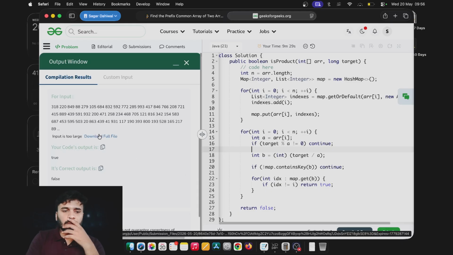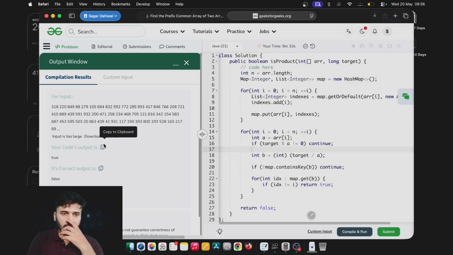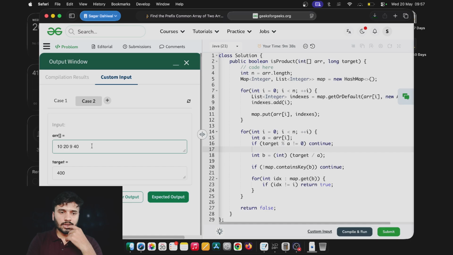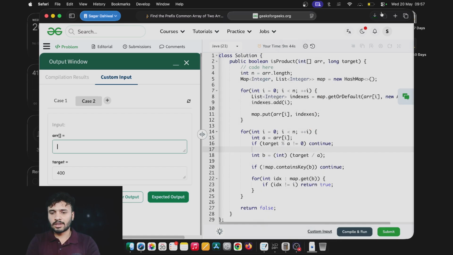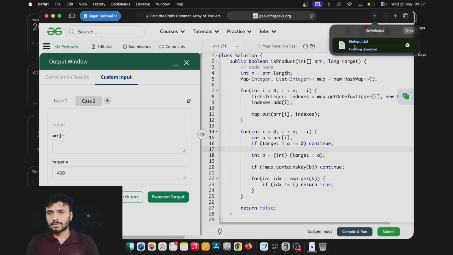Let's download this input and try to check that case. Okay, it's downloading. Let's wait. Finishing download. Okay, it's downloaded.